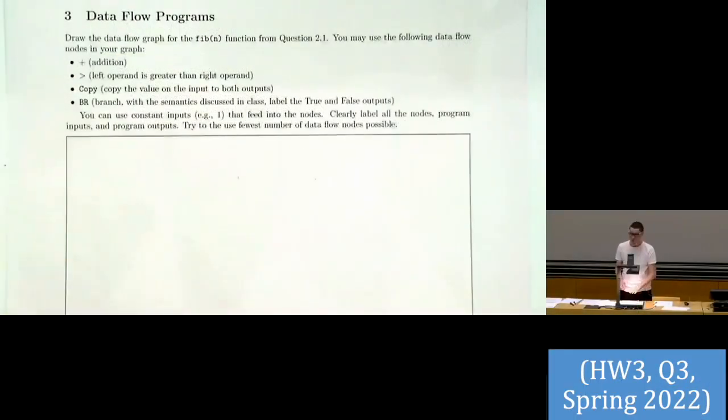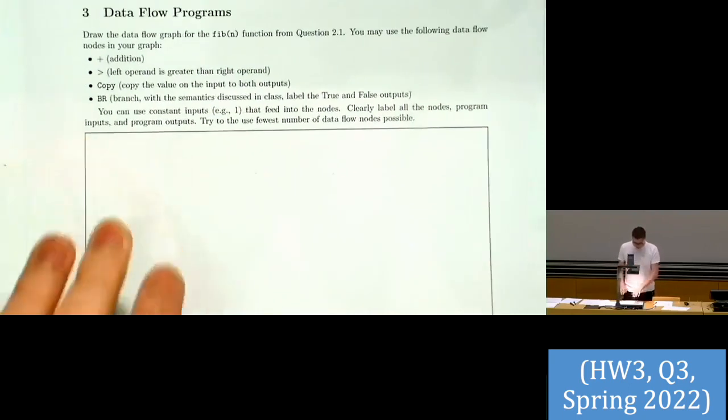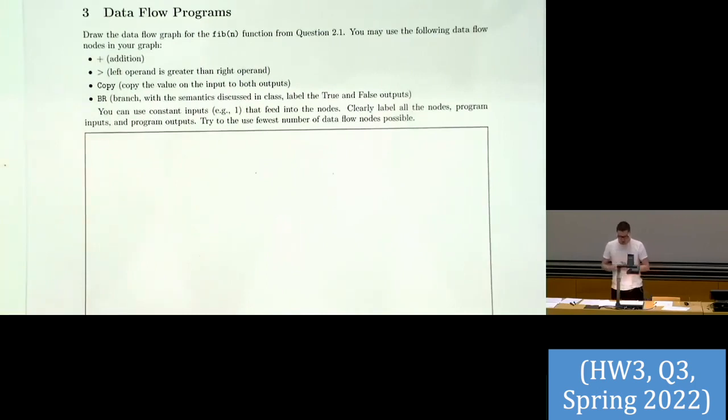It's about data flow. Do you remember data flow? It was kind of early in the lecture. I don't know exactly which week, but it has been a while. So this question asks for a Fibonacci function implementation, right?